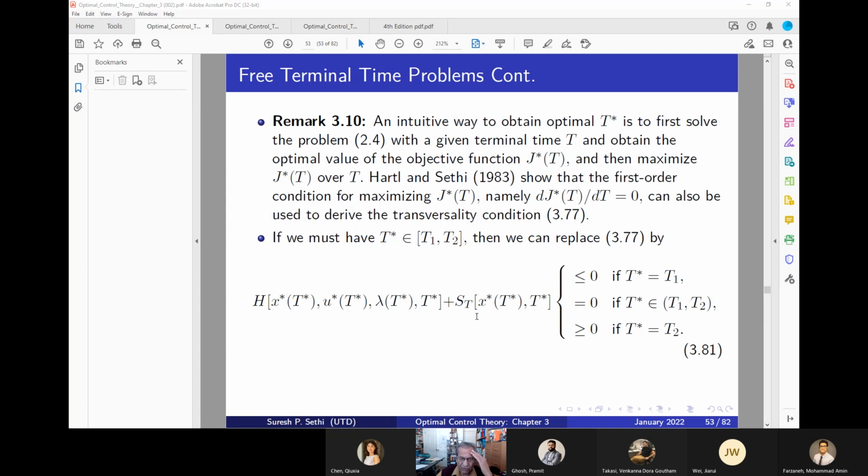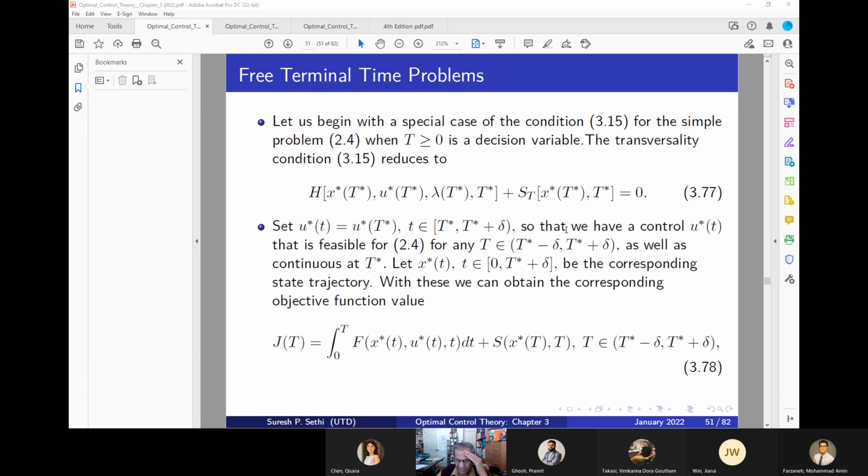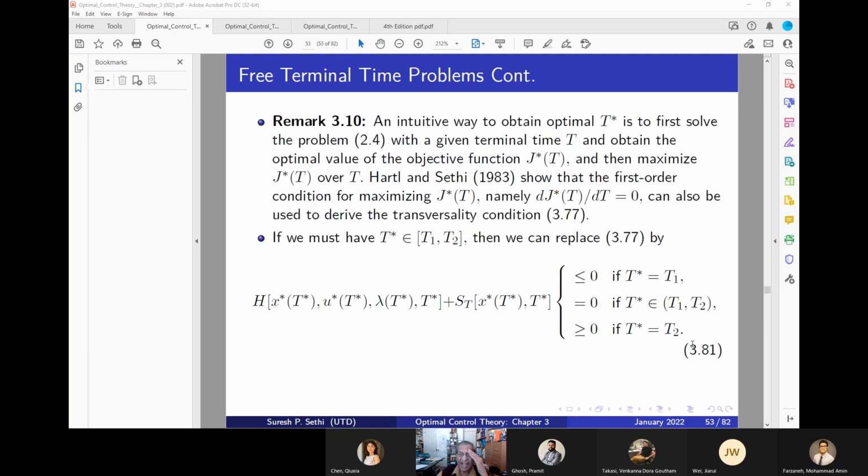So you set this equal to 0 if the optimal solution is interior to this interval, which is this case. If it is less than 0, then you set this quantity to t1. And if it's bigger than 0, you set that. This is like the sat function. If it's above the range, you get this one. If it's below the range, you get this one. And so this condition now, 3.77, can be generalized to 3.81 if this is the case.